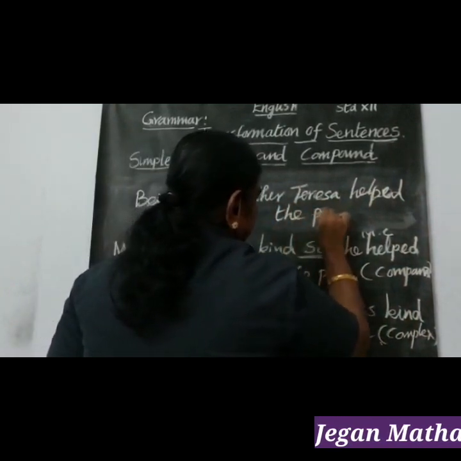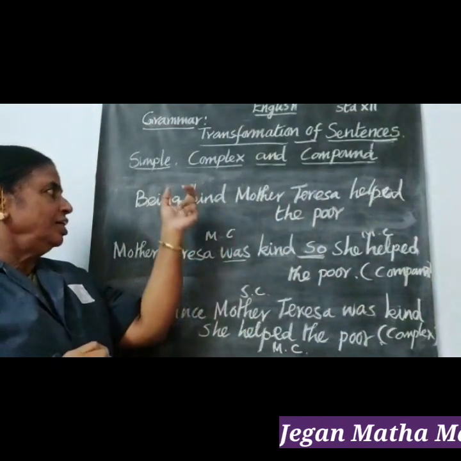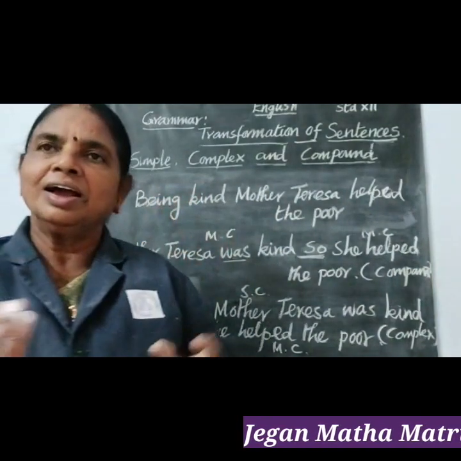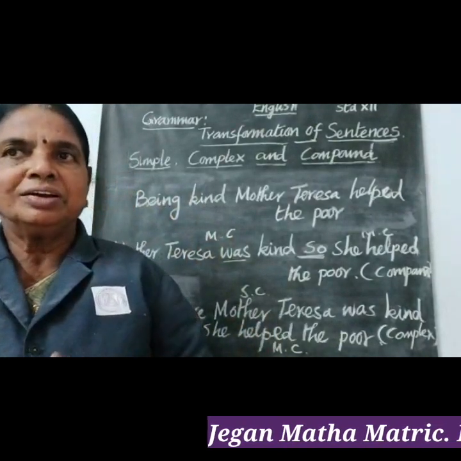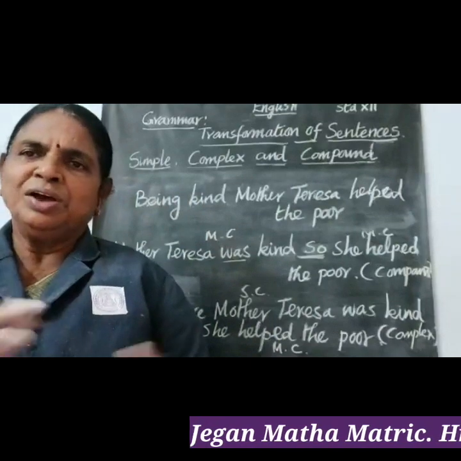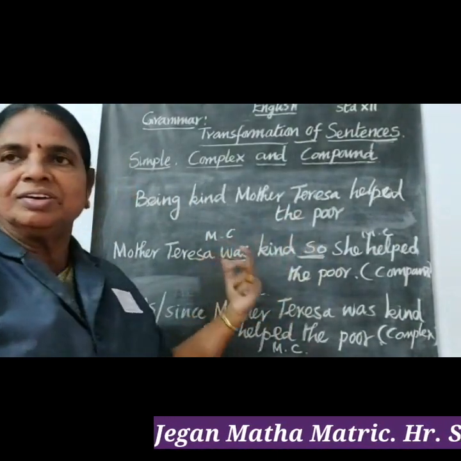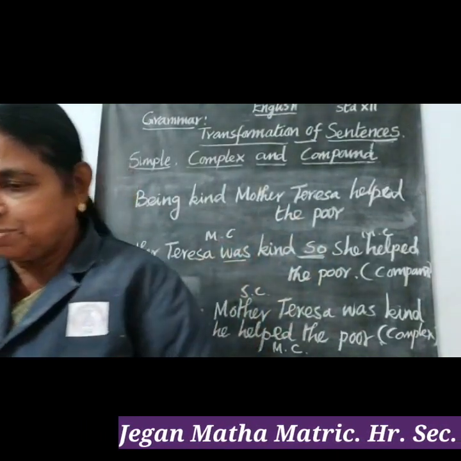I have changed this be verb into "being". Otherwise, Mother Teresa being kind, she helped, is not necessary, since she and Mother Teresa are the same. So, being kind, Mother Teresa helped the poor.